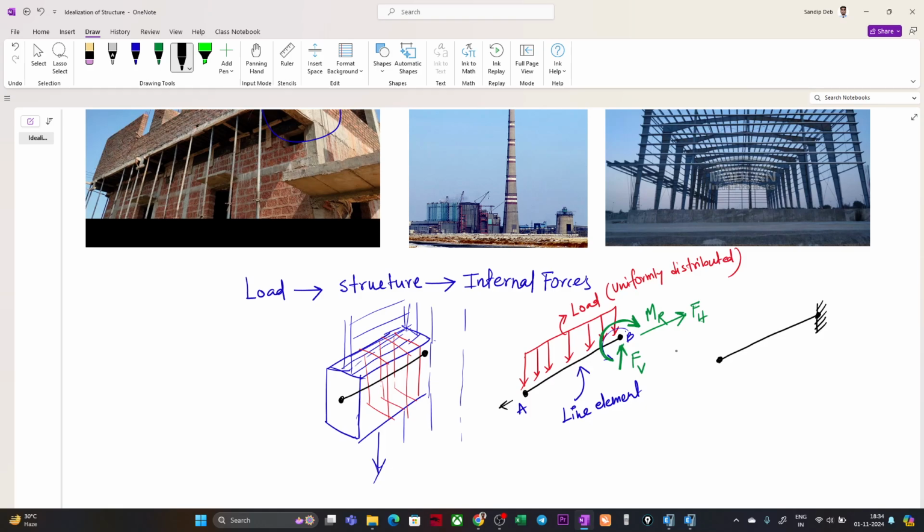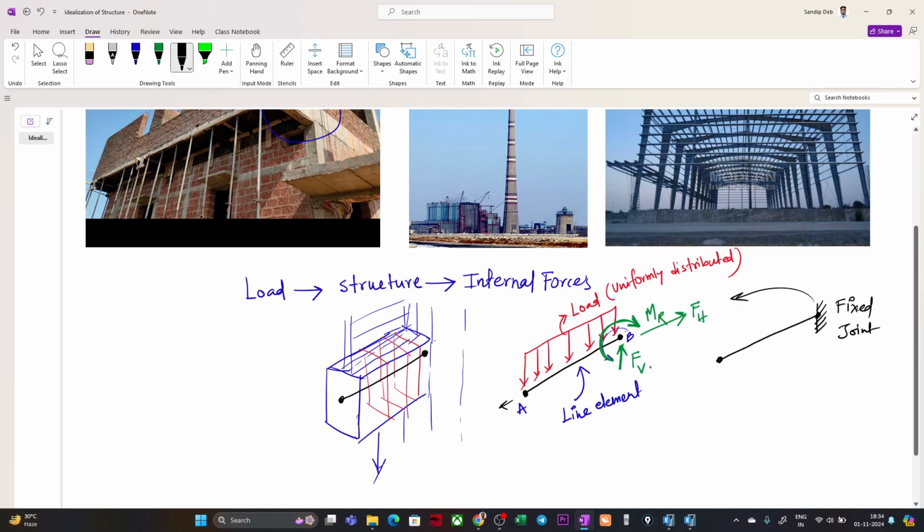Here we have considered this beam as a line. We have assumed the wall as a uniformly distributed load, and the joint between the beam and column we considered as a fixed joint, having these properties.